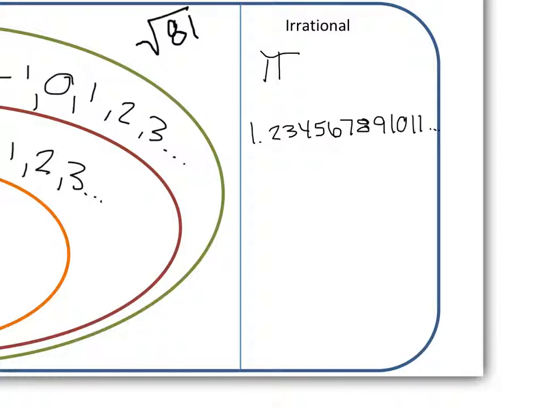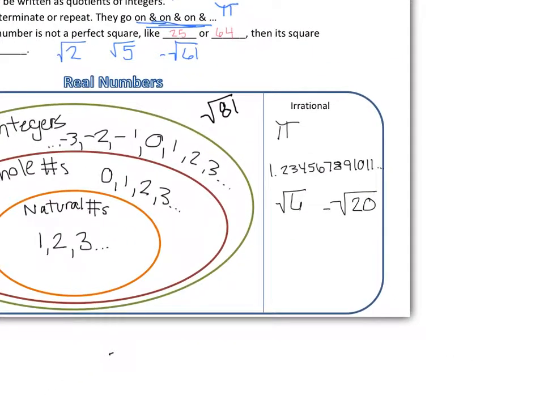It keeps going. Okay, that is irrational. What else are irrational numbers? The square roots of not perfect squares, like 6. Or negative square root of 20. Okay, things like that are irrational. Okay, I think we're good on numbers.